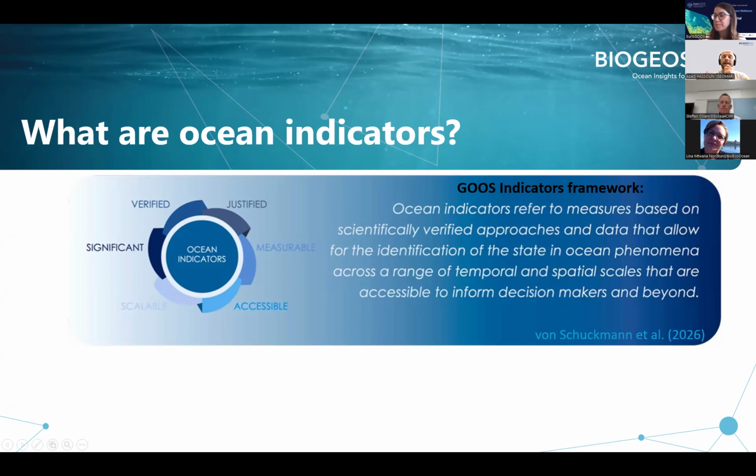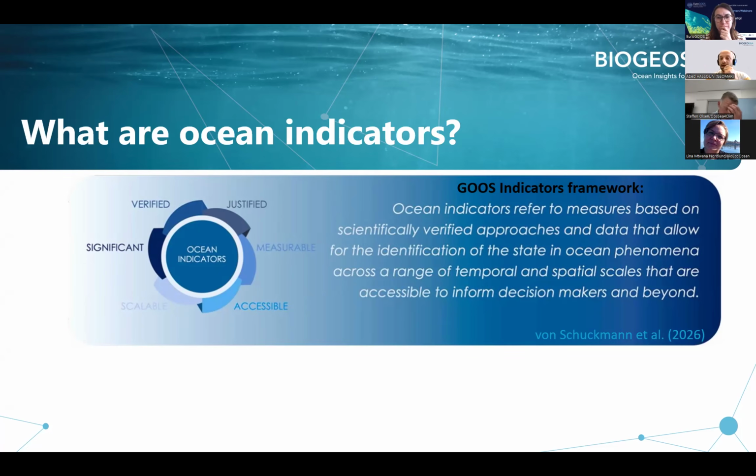So the main pillars of the indicators we are building in BioGOC: they should be verified, so they must represent a state of an ocean phenomenon that relies on a peer-reviewed scientific rationale. They should be significant, providing robust information on the state of an ocean phenomenon. They should be scalable, spatially and temporally.